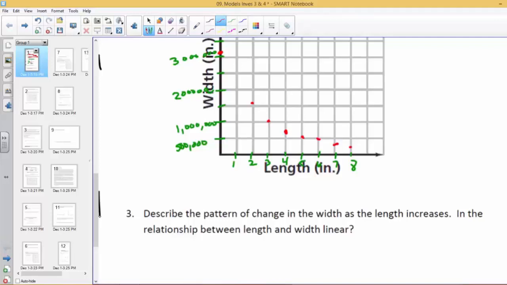Okay, so the middle digits, would those work? Could you have like a side length of 1.2? Yes. So we're going to connect this inverse graph, and it looks like that.